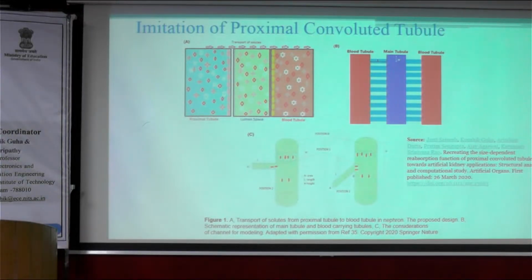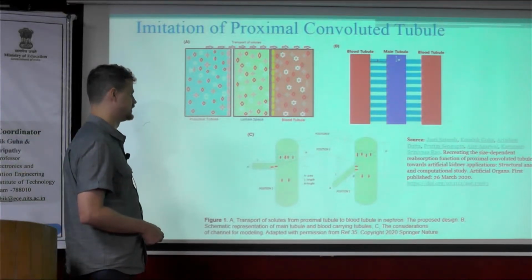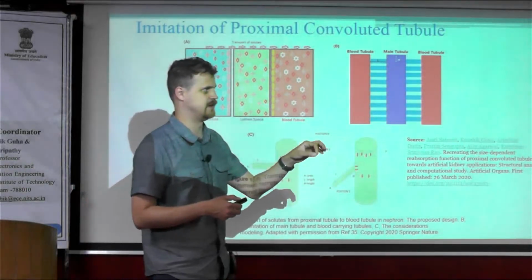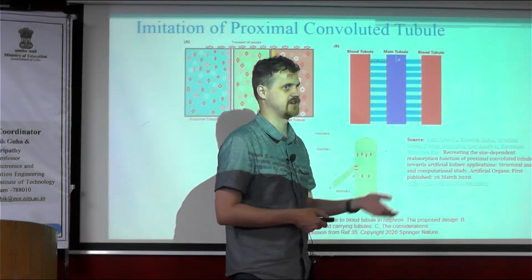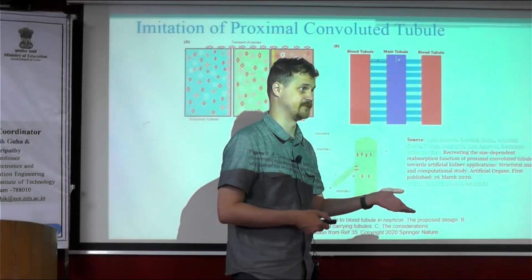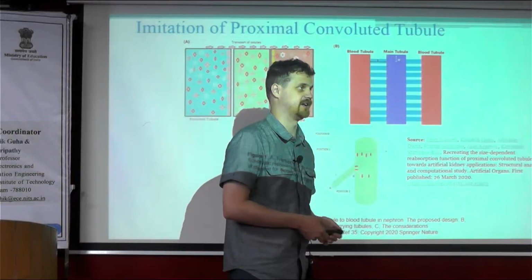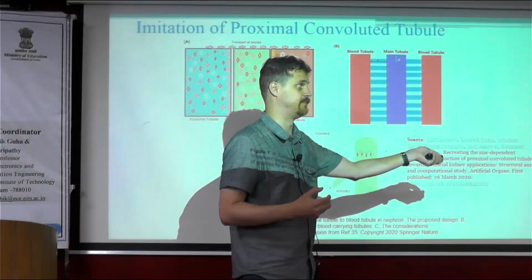And another promising way would be imitation of the proximal convoluted tubule without using any biotechnology. This could be achieved if we adjusted the size of microfluids the way that we could use the Bernoulli principle to create the condition when we can reintroduce water back to the patient without using the biotechnology.